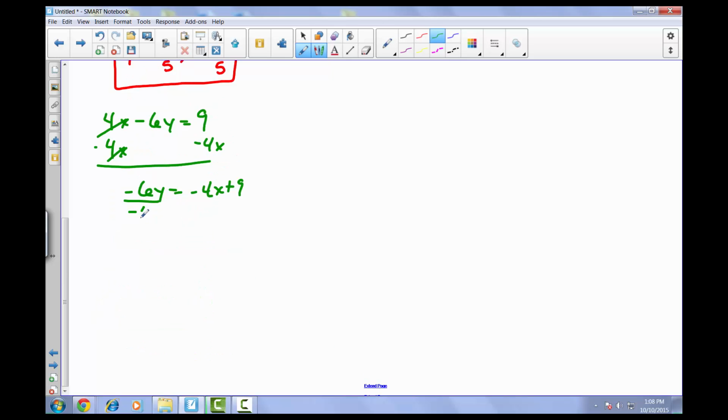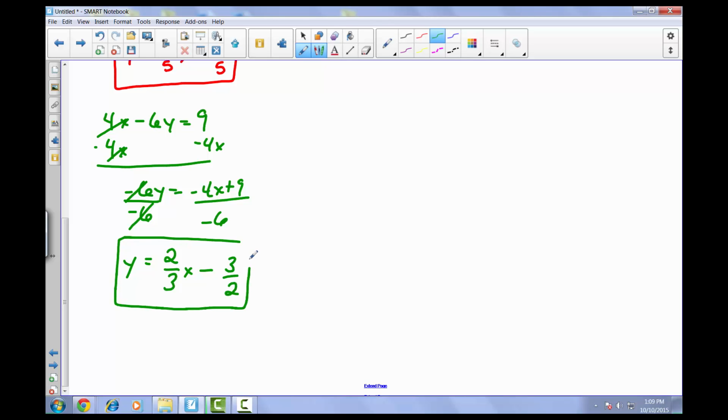Dividing both sides by negative 6 to get y by itself, we end up with y is equal to negative 4 divided by negative 6, which simplifies to positive 2/3 x. 9 divided by negative 6 comes out to be negative 3/2. So here is our green equation in terms of y equals mx plus b.